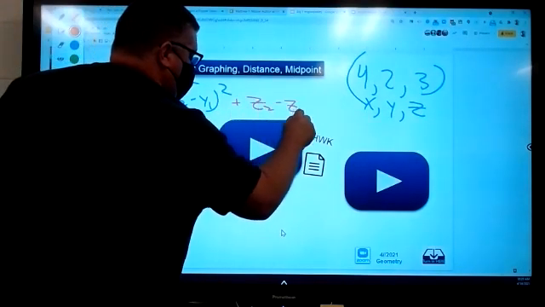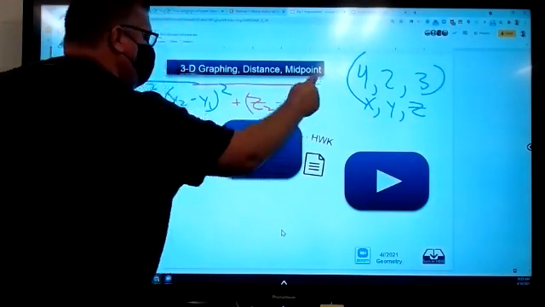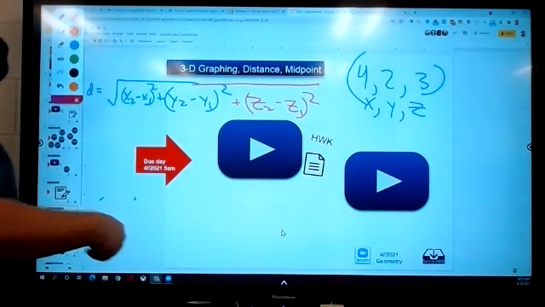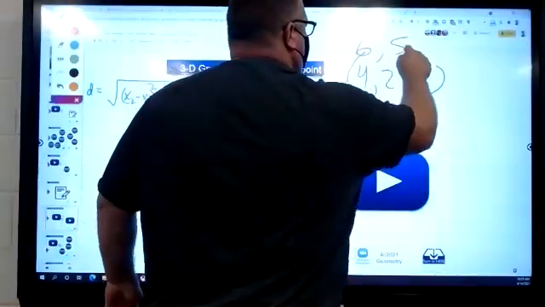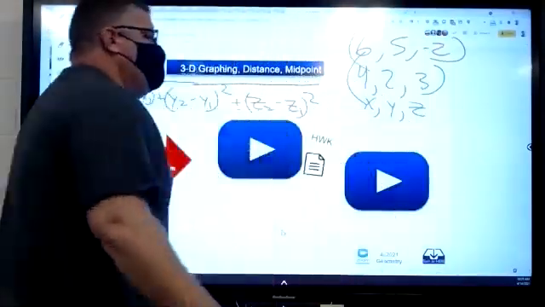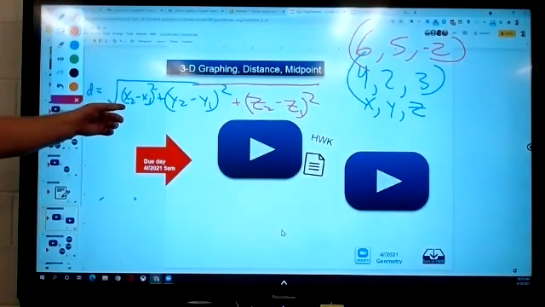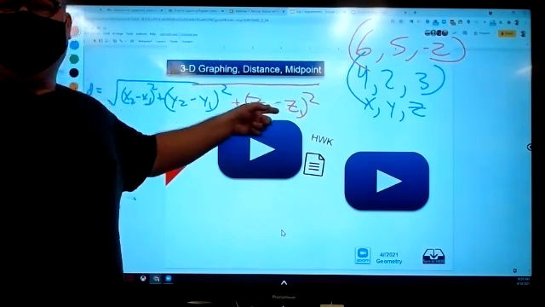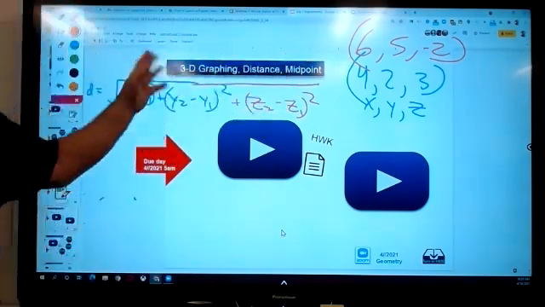So if I have two three-dimensional points, subtract x, subtract y, subtract z: 6 minus 4, 5 minus 2, negative 2 minus 3. Square, square, square, add them up, square root.